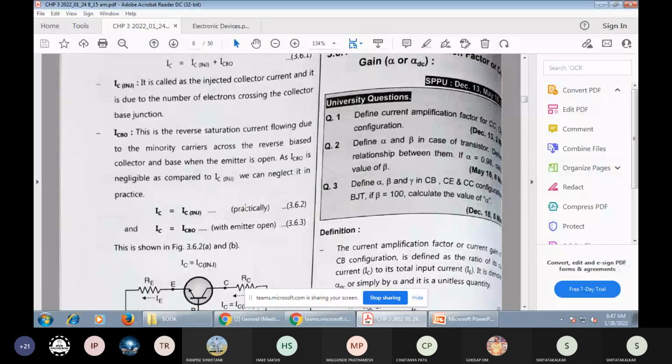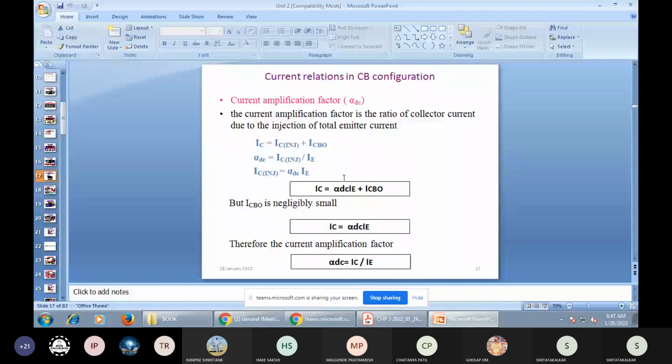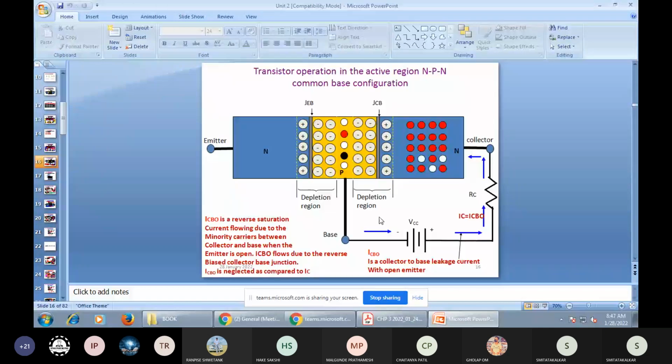The current amplification factor alpha DC is a ratio. What is the ratio? It is the ratio of collector current divided by emitter current.